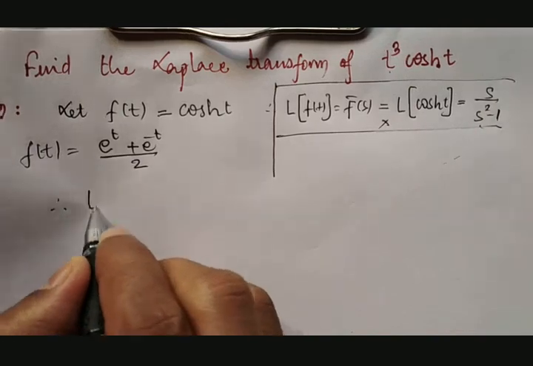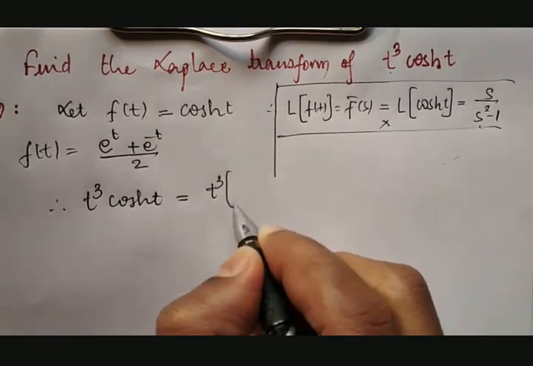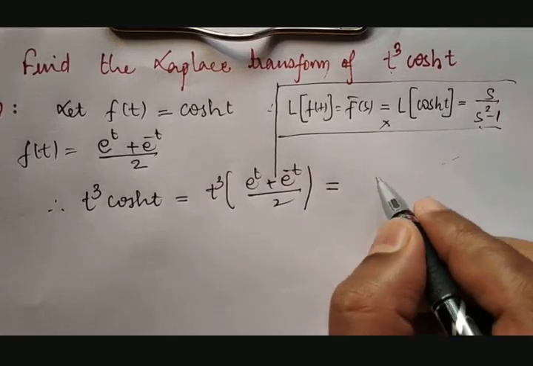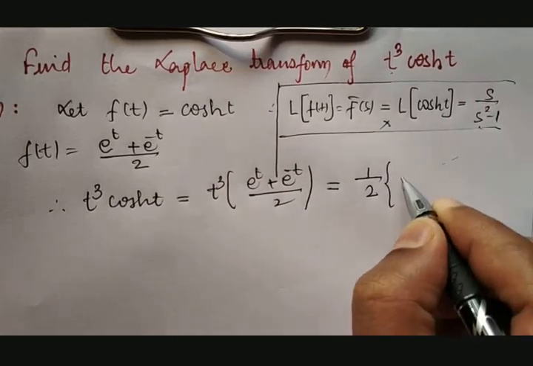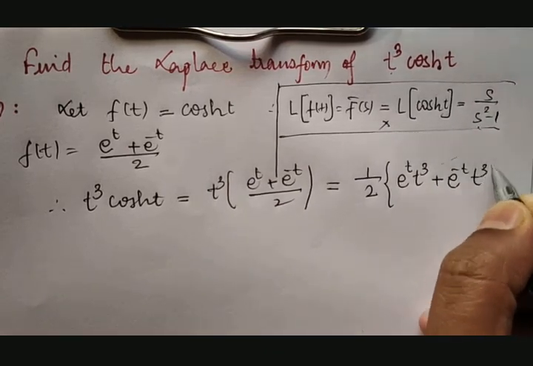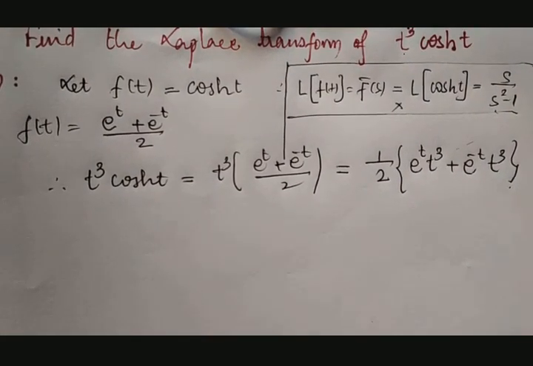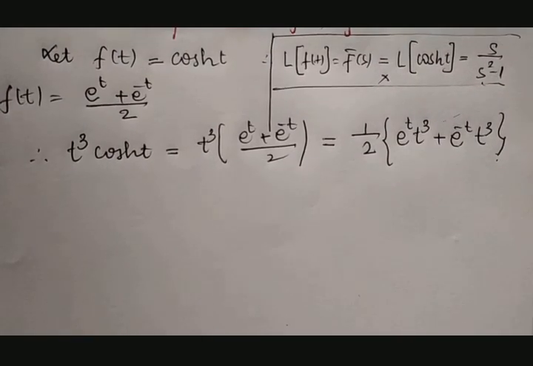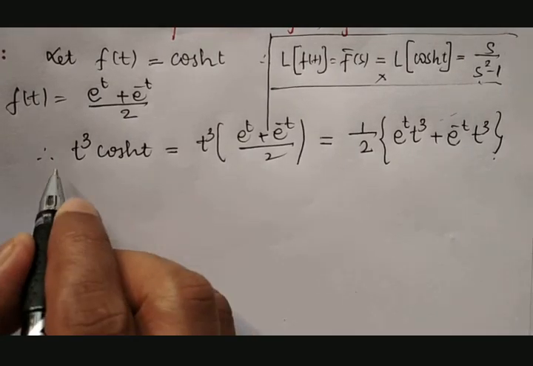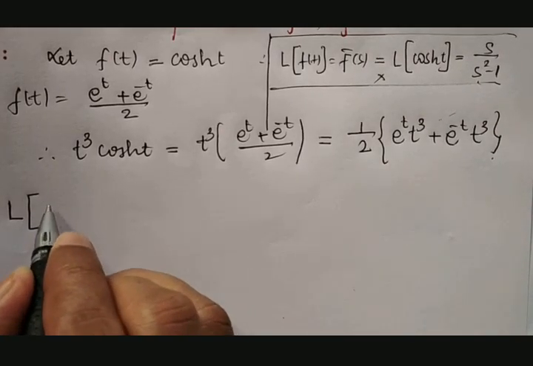Therefore, t cube into cos hyperbolic t will be treated as t cube into e raised to t plus e raised to minus t, divided by 2, which is 1 by 2 common, then e raised to t into t cube plus e raised to minus t into t cube, where instead of applying the derivative property, straight away we can apply the shifting property. The first shifting property is very convenient to solve these examples. Therefore, this whole thing will be taken under Laplace transformation now.